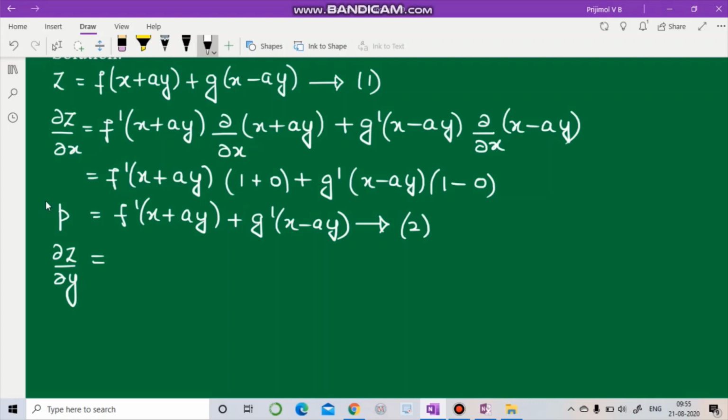Now again, what is the differentiation of f of x plus ay? It is the differentiation of this term with respect to y. It is f dash of x plus ay. Differentiate x plus ay again with respect to y.